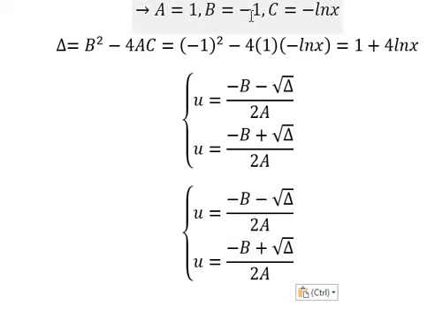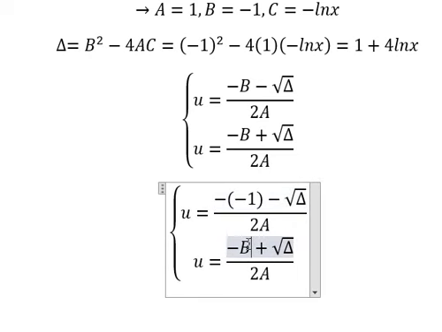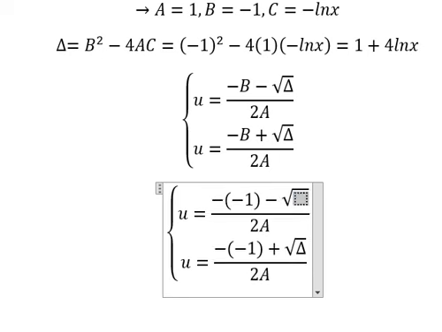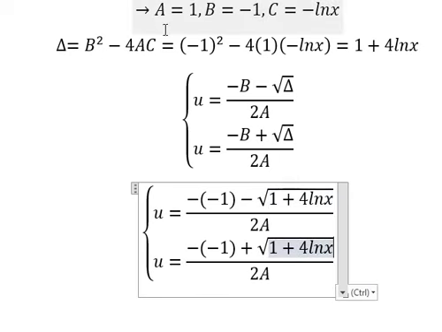So b is negative 1, a is 1. So we have 1 and 1.